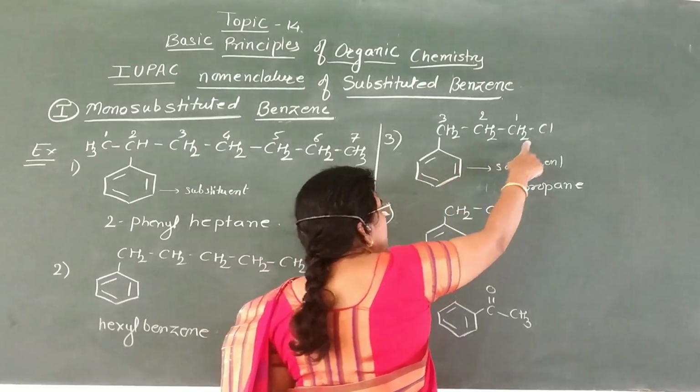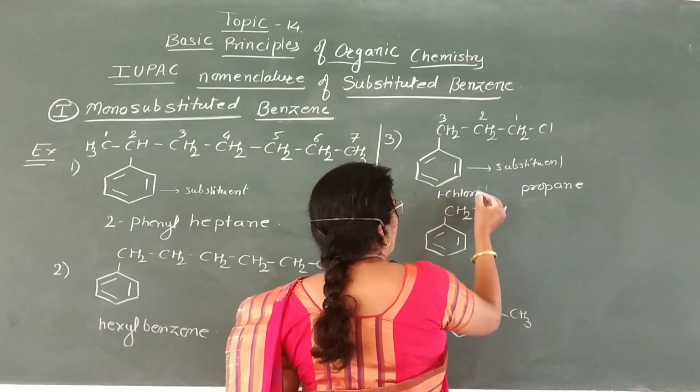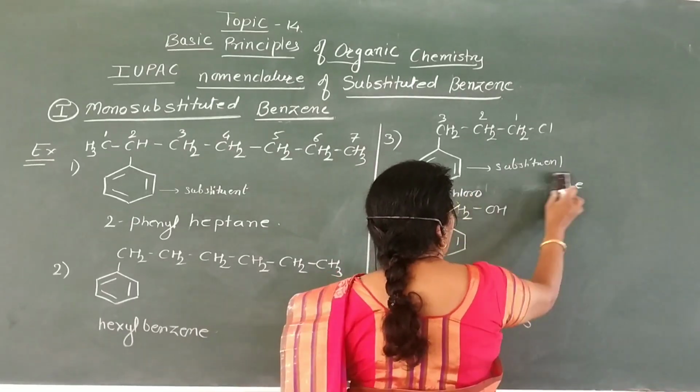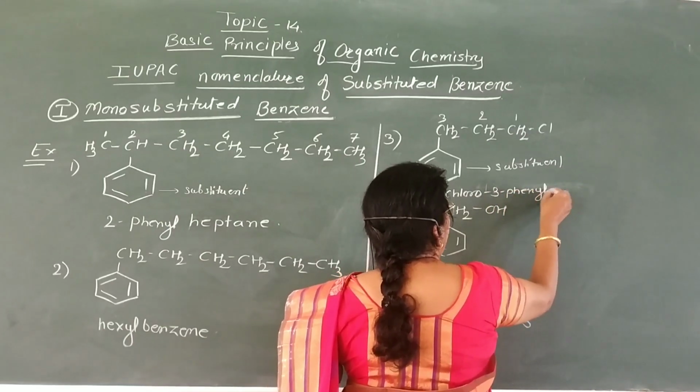Alphabetically C comes first, therefore it becomes 1-chloro-3-phenylpropane.